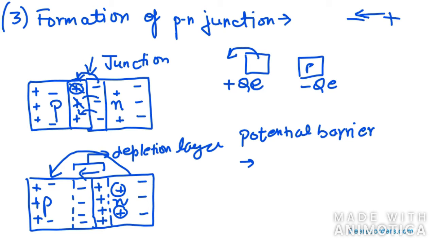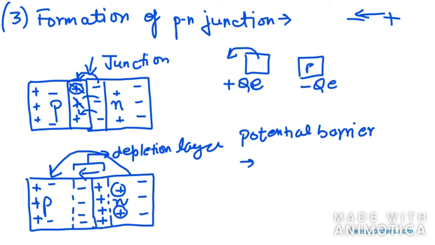If there were no electric field, then they might have gone through, but with an electric field between the p and n type, they won't be able to jump from n-type to p-type once we have the depletion layer. So this is how the formation of a p-n junction works, and this is how they form a barrier.